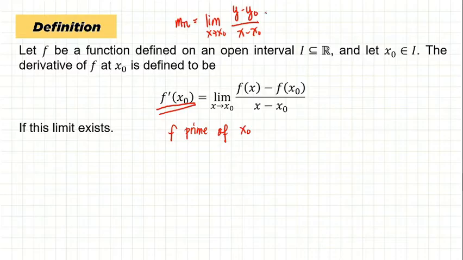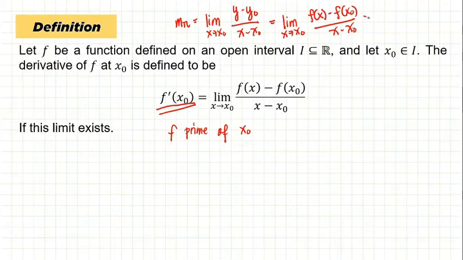Or in terms of f of x, we have the limit of f of x minus f of x sub o all over x minus x sub o as x approaches x sub o, which is just the same as this formula. Therefore, if you are going to find the derivative of f at x sub o, you are just finding the slope of the tangent line of the function at that given point x sub o.